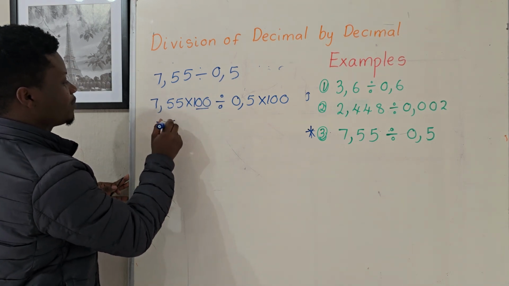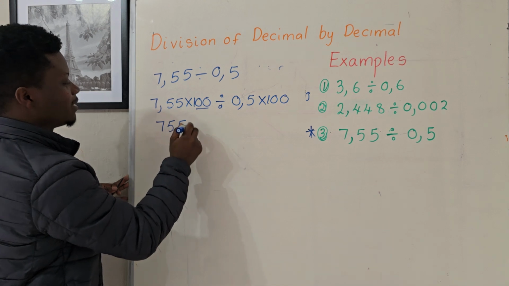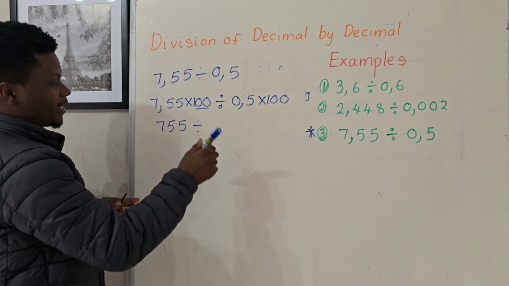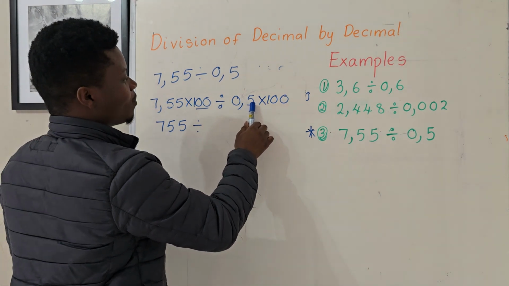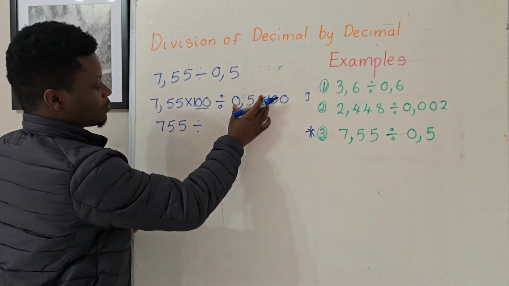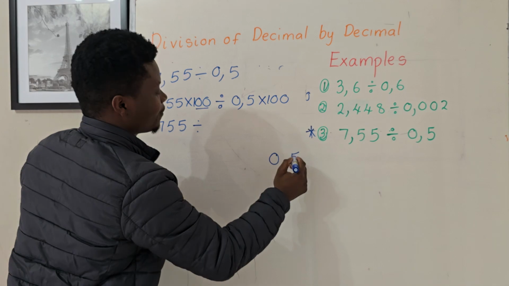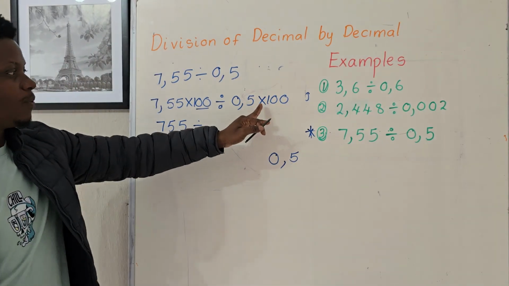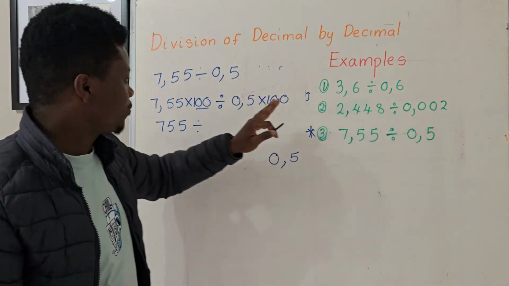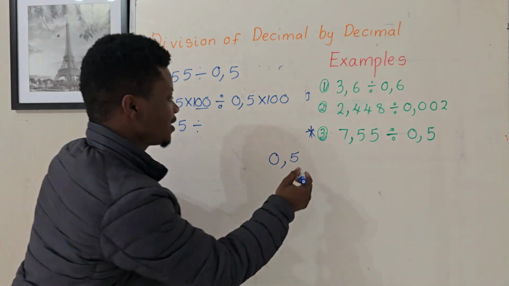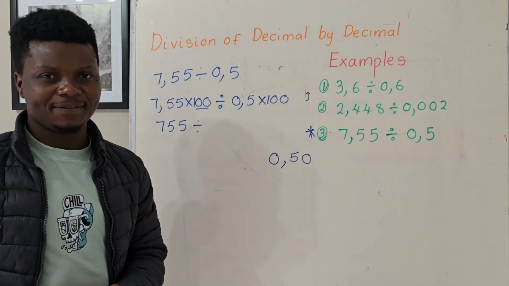Now we have 755 divided by, then we have to move our comma 2 places. So this one, let me do it aside for you. Remember, it's 0.5 times 100. We're going to move 2 places, and we don't have 2 places here. So just add an extra 0 to make your life simple.